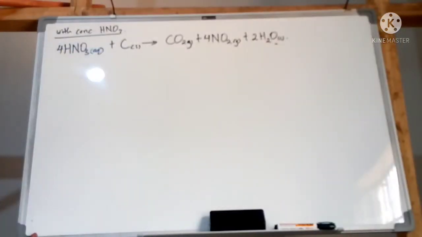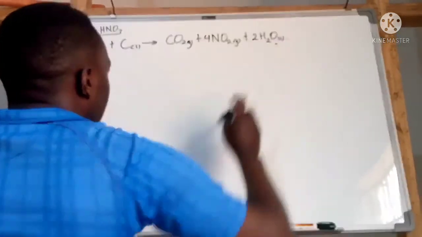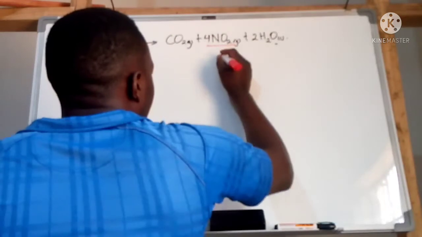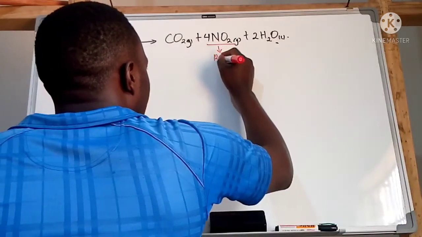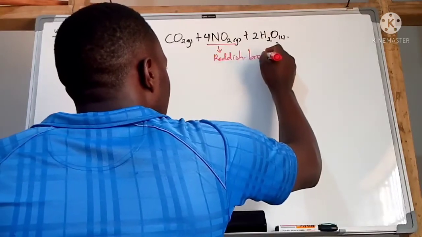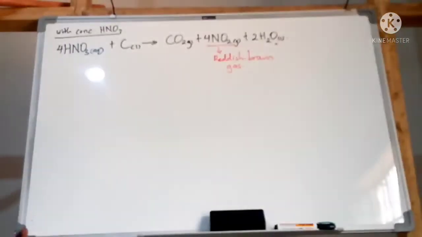Oxygen becomes 12. These are 8 plus 2, 10 plus 2, 12. So my equation is balanced. Expect us to request for an observation. I would like to say that this one is a gas that has color. So it is a reddish brown gas. So tell us the reddish brown gas was formed.